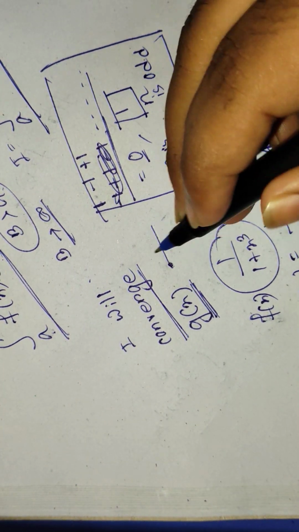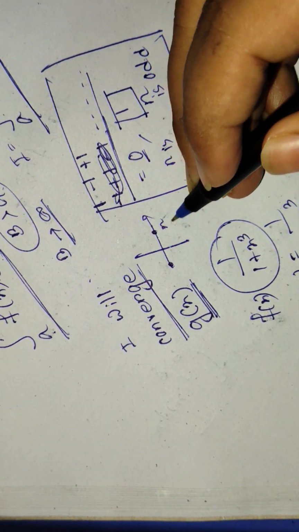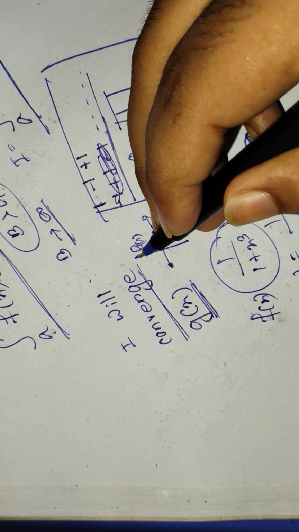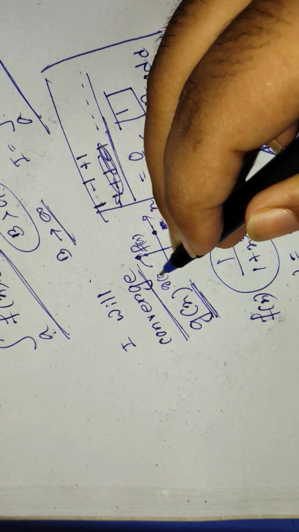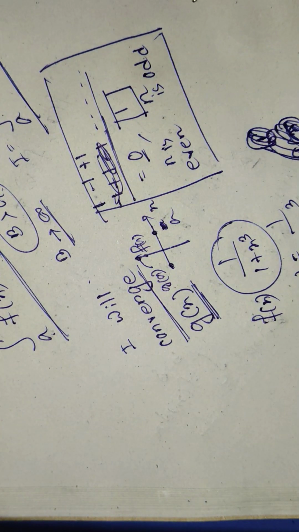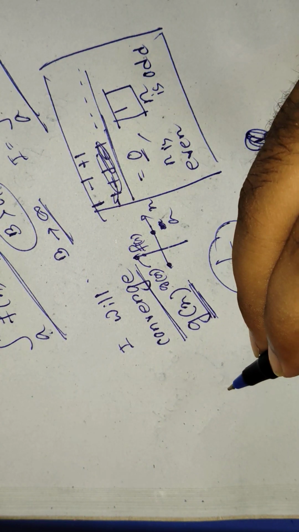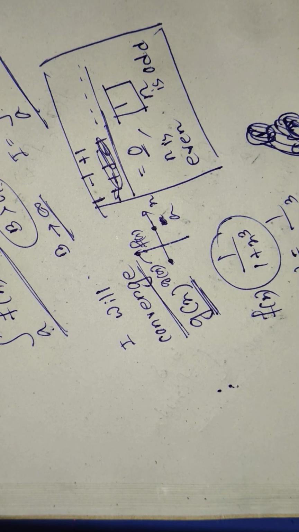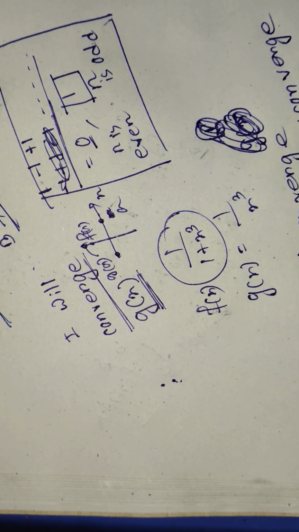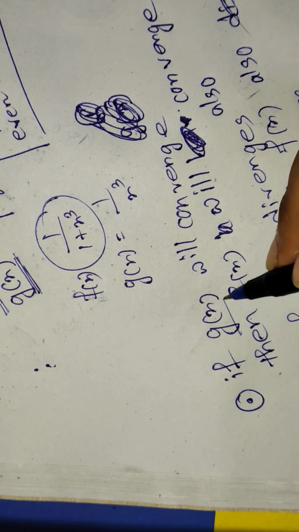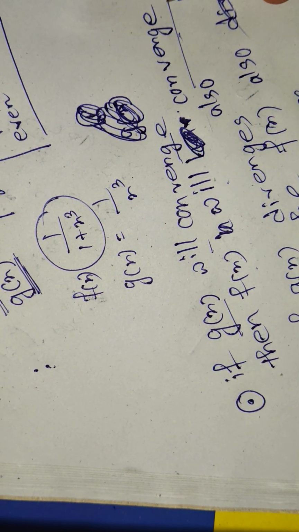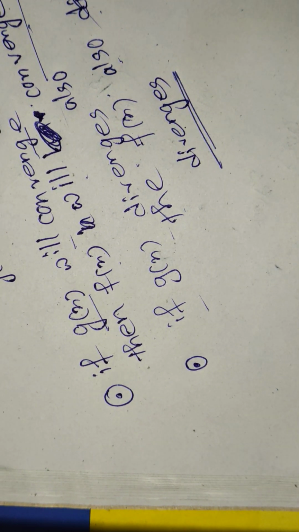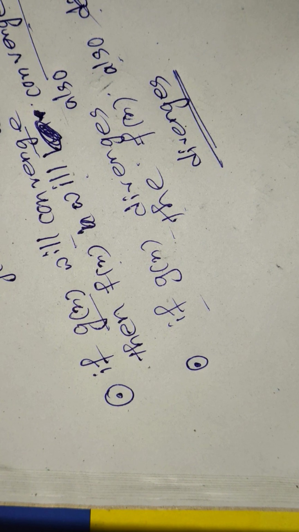Let's say this is the x-axis, this is a, this is f(a), and this point is g(x), or you can say g(a). Neighborhood function means this is f(x), and this is g(x), side by side. So the condition is, if g(x) converges, f(x) also converges. If g(x) diverges, f(x) also diverges.